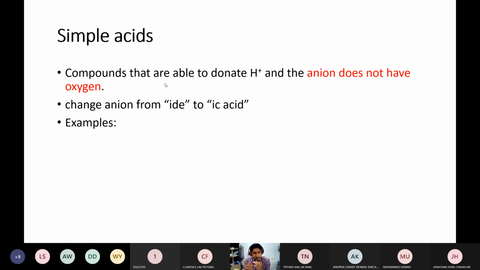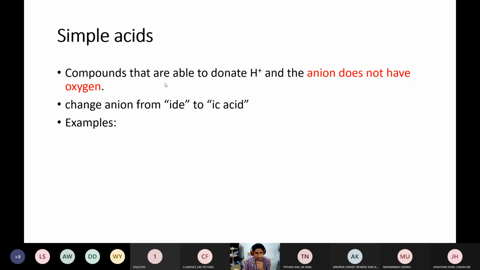But in a simple way, acids are those that can donate a hydrogen ion or proton. A proton is hydrogen plus, right? Because a hydrogen atom has no neutron, so when the electron goes away from that atom, it becomes positively charged, and that's why it's called a proton.